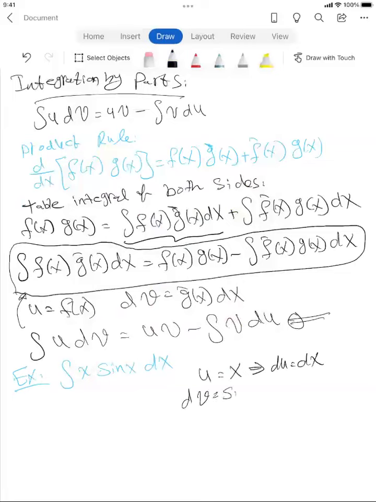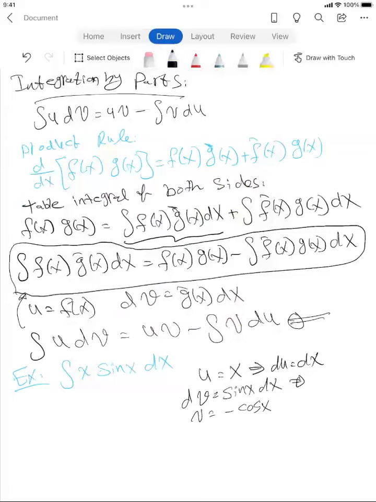dv is sine of x dx, then v equals negative cosine of x. And now I'll just follow the formula.